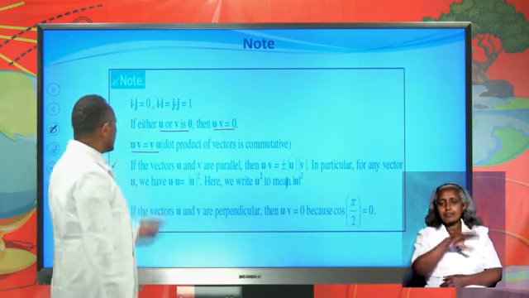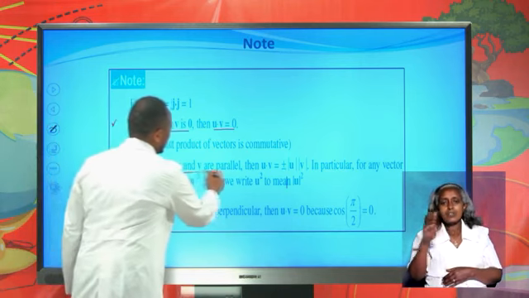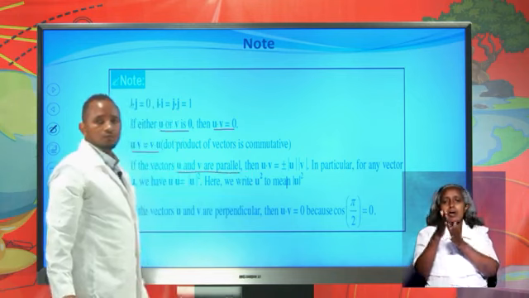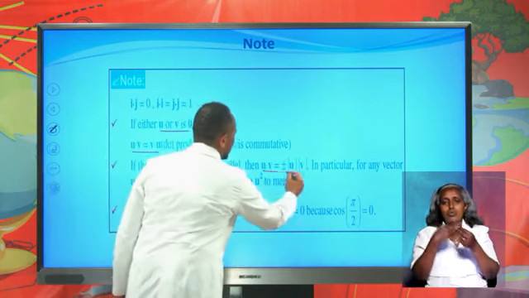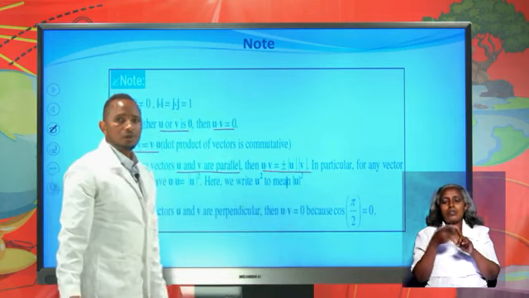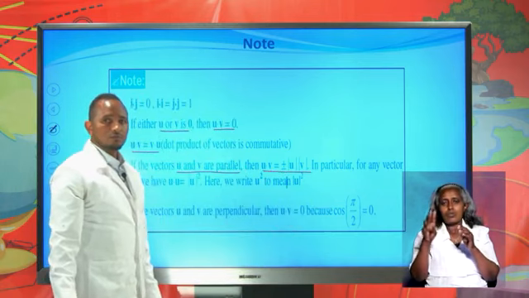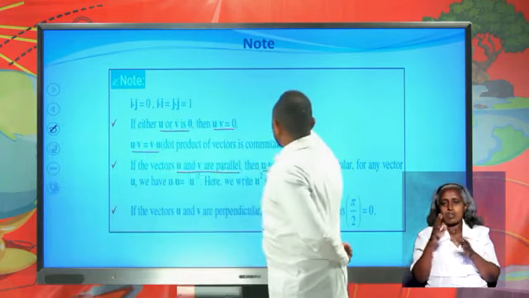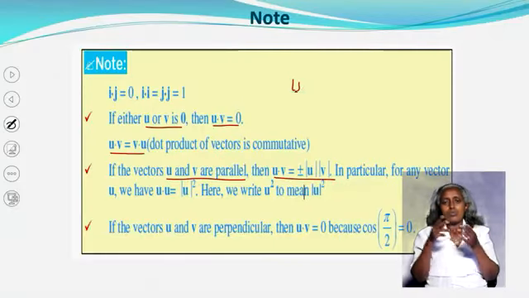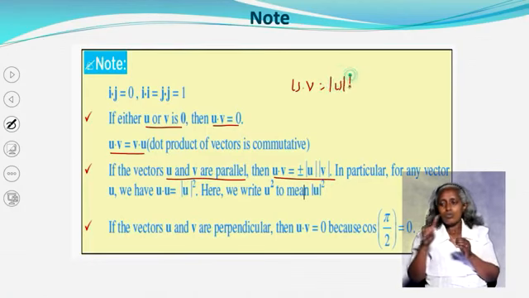If the vectors u and v are parallel, then their dot product will be either positive or negative magnitude of u times magnitude of v. Let's see this one. If two vectors are parallel, their dot product u dot v is equal to magnitude of u times magnitude of v cosine of theta.